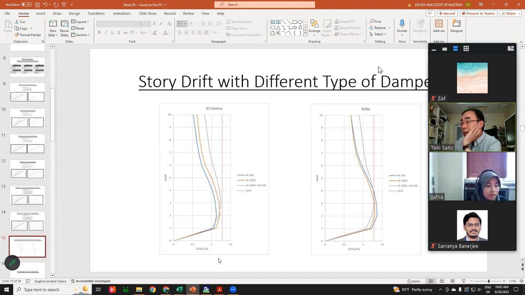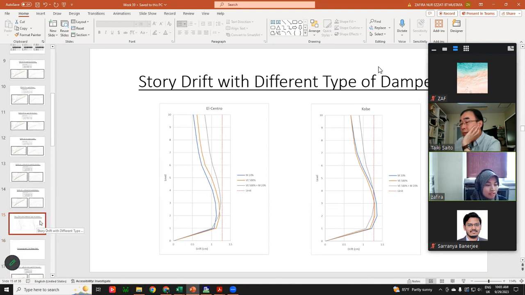So our limit is 1.28. Basically all of these dampers are less than the limit that we target. And then after that we compare with displacement based design. But the first step, because this is still an initial study for displacement based design, the easiest and fastest way to compare is just to use time history analysis.